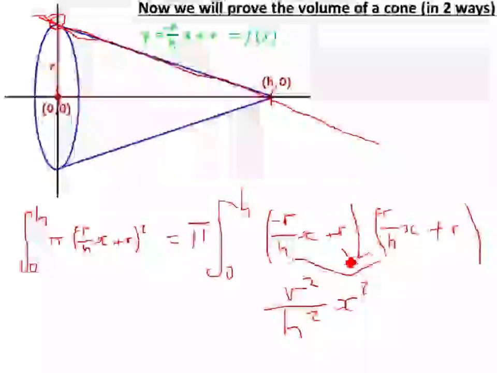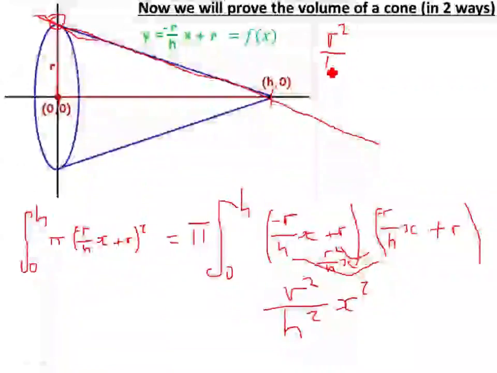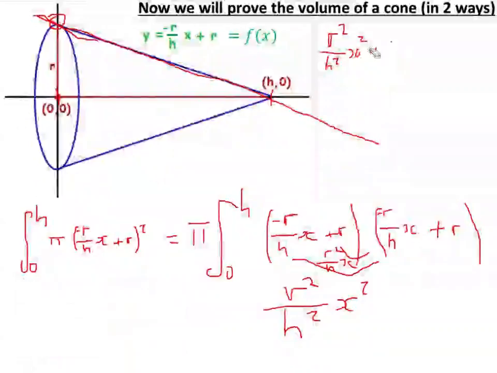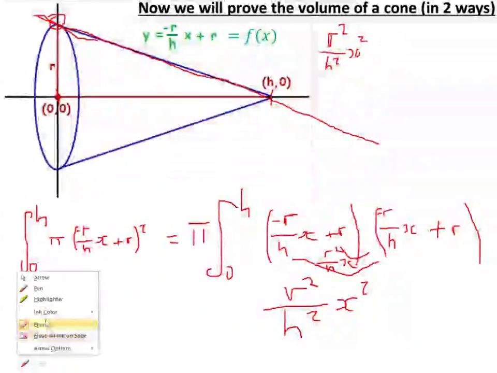Then these two is just going to be r squared divided by hx. Let's start writing this down somewhere. So that divided by h squared x squared plus. Oh no! It's negative. Nearly caught me out there. You see?